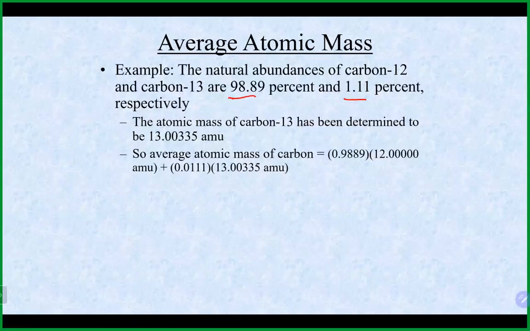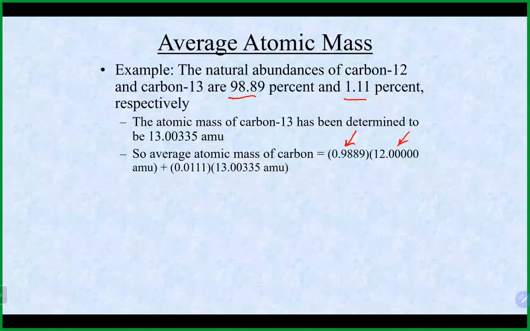In this case, we would take the first isotope, which is our carbon-12, and convert the percentage into a decimal. You could do that by moving the decimal place 2 places to the left, or divide it by 100, which will move it for you 2 places to the left. We times it by the atomic mass of the carbon-12 isotope, which is 12.